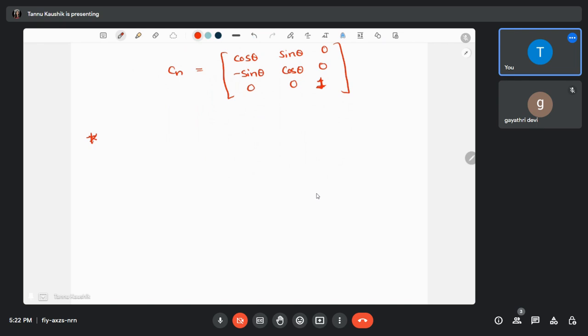So let us take a few examples. For S2, it is the multiplication of the twofold axis of rotation and sigma xy.